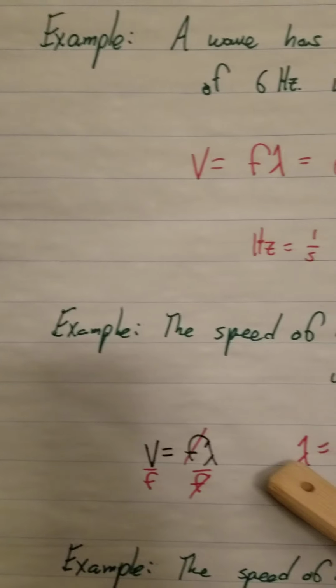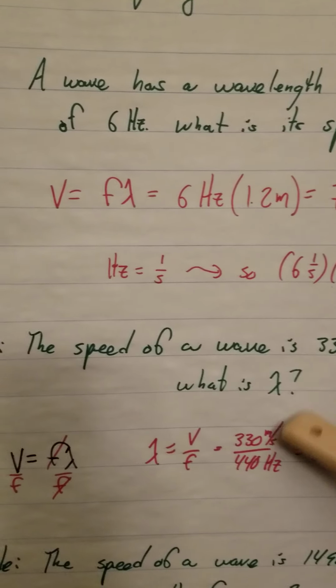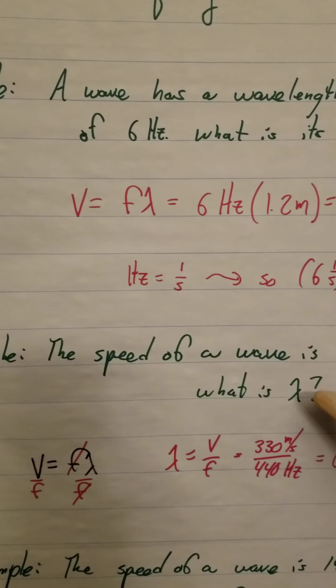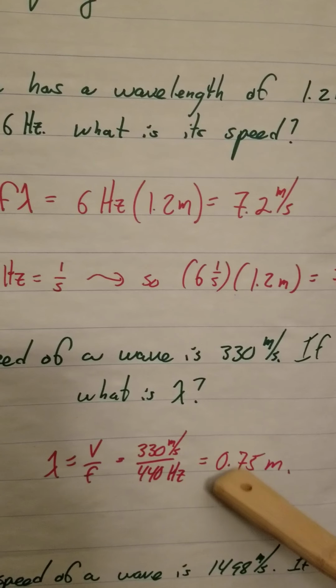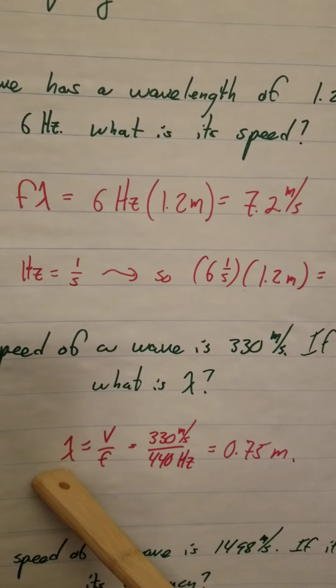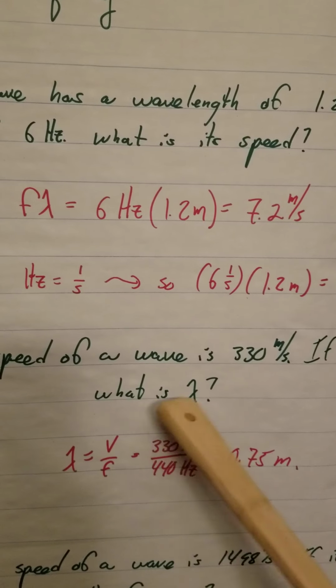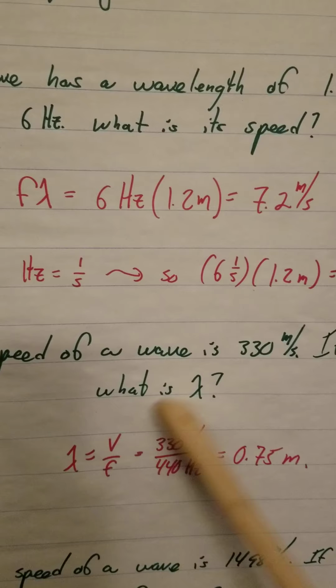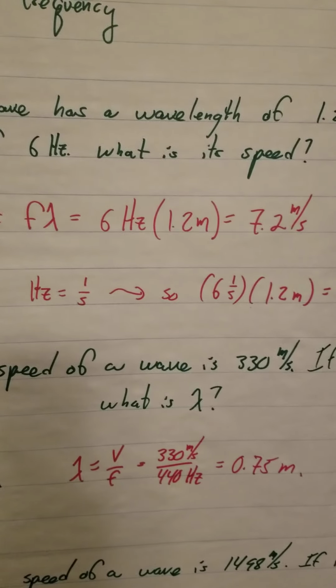What I'm left with is lambda equals v over f. That's 330 divided by 440 meters per second and hertz. Put that in your calculator, you get 0.75 meters. The units for wavelength are meters all the time, as long as we give that to you in the right unit.